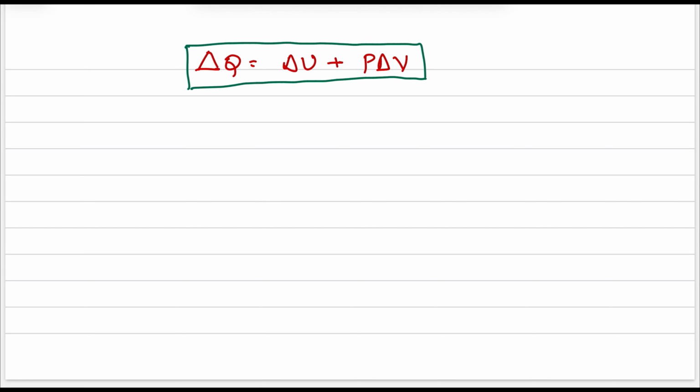For example, heat supplied to a turbine or any system, let us say, is 100 kilojoules.